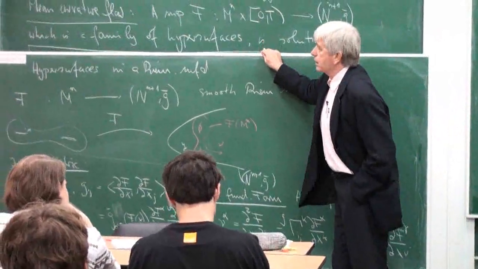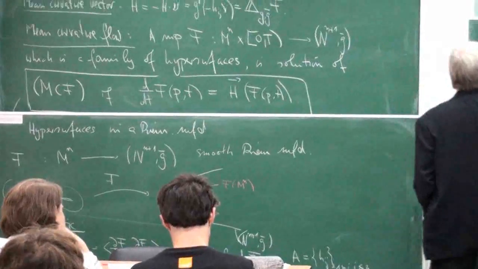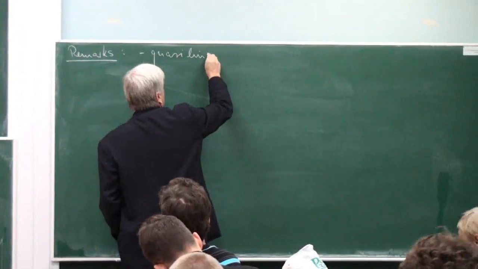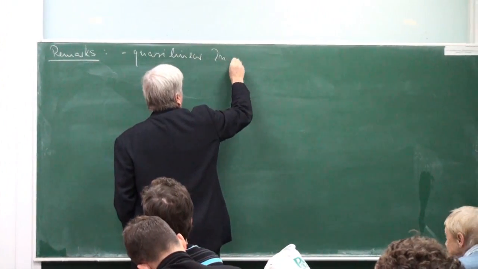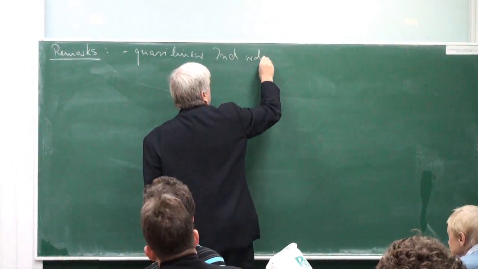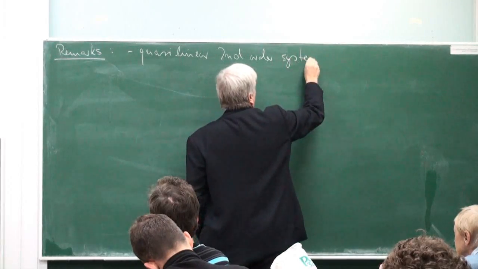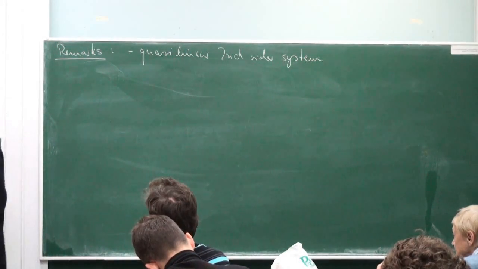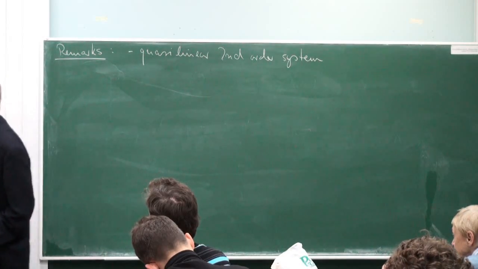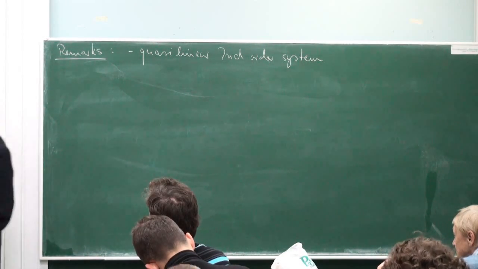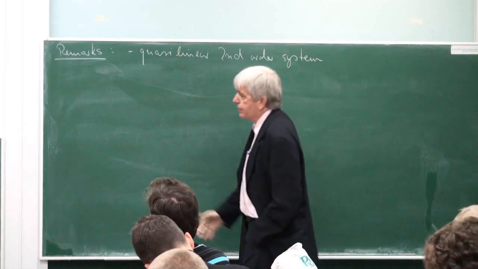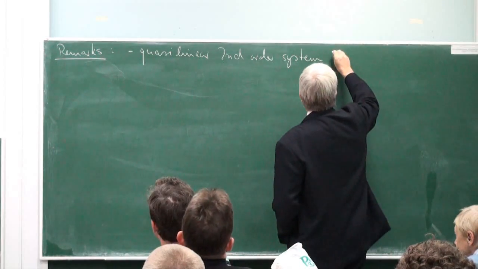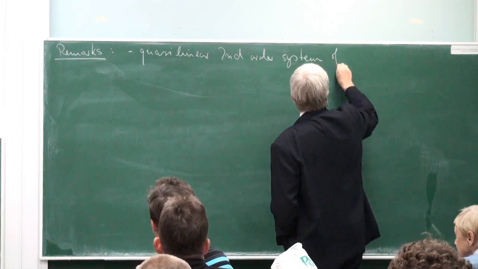That's why it's a quasi-linear system. So it's a quasi-linear second order system. And because we have the Laplace-Beltrami operator on the right-hand side, which is an elliptic system, this becomes a parabolic system. Second order quasi-linear system of parabolic equations.